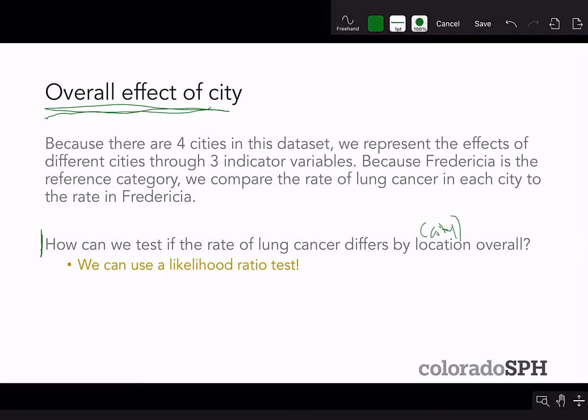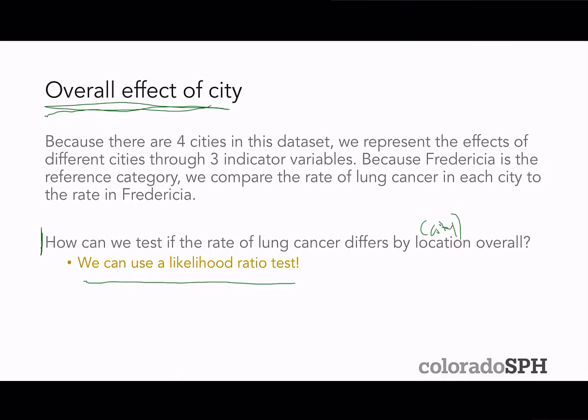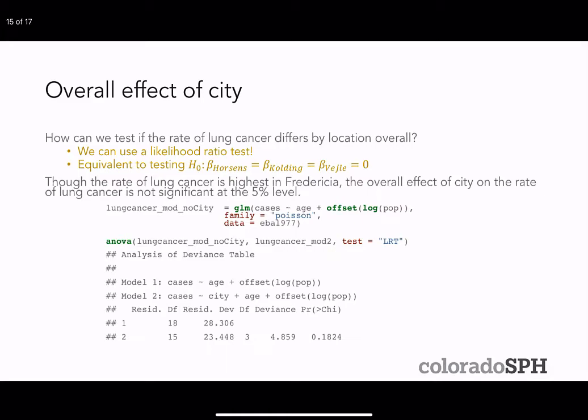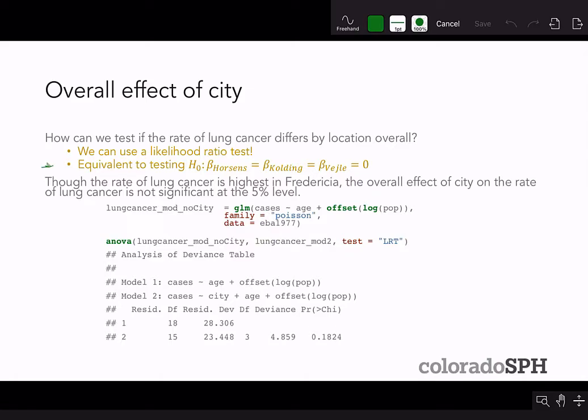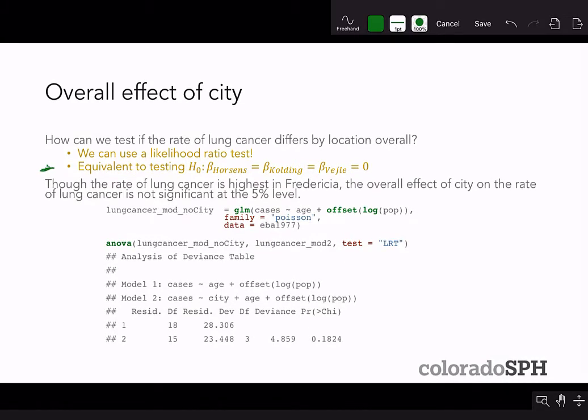What if we want to test all of those 3 betas at once? Well, we can use a likelihood ratio test like we did for logistic regression. The likelihood ratio test that we would be conducting is for the null hypothesis that each of those betas are equal to 0.